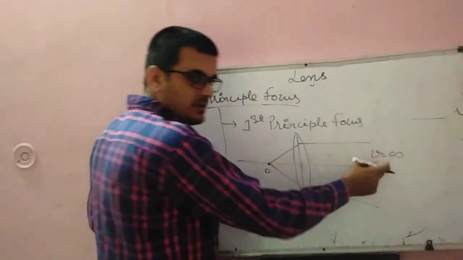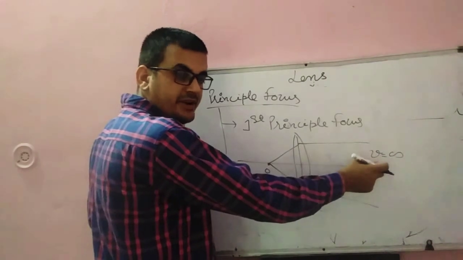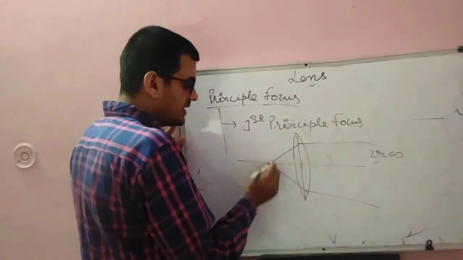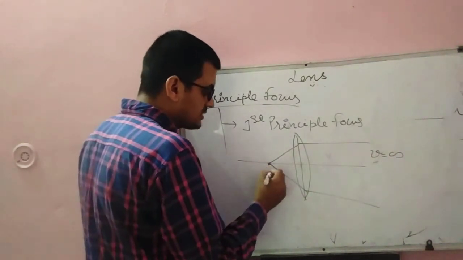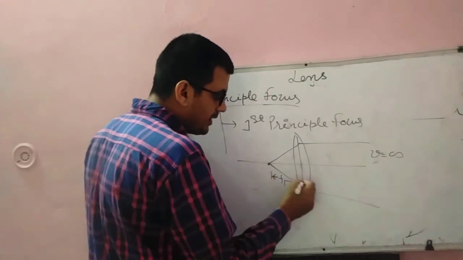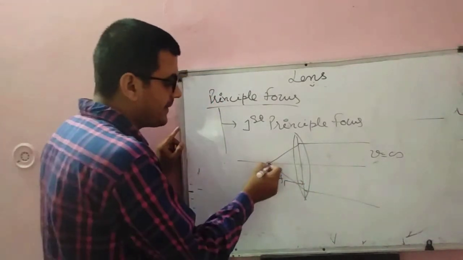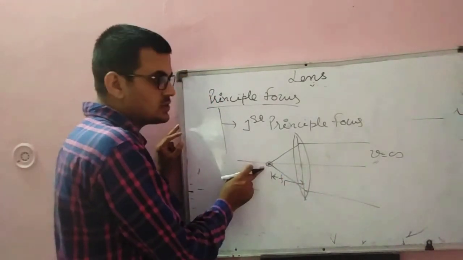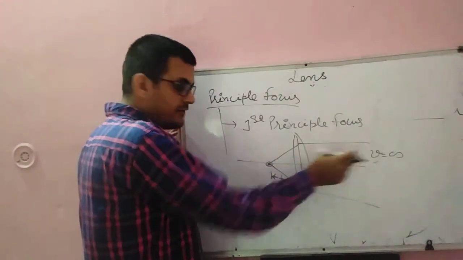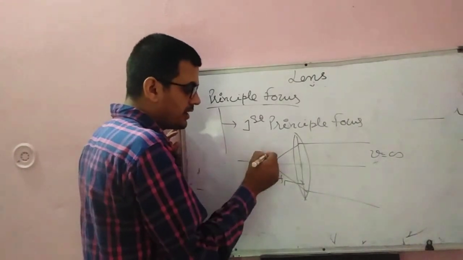We have taken an object here. So where will the image be formed? The image will form at infinity. It is the first principal focus, F1. We have placed the object at this position so that the image is formed at infinity. So this is called focus.